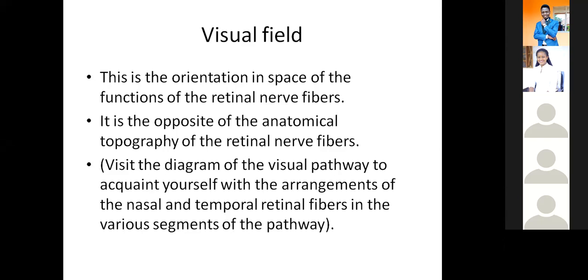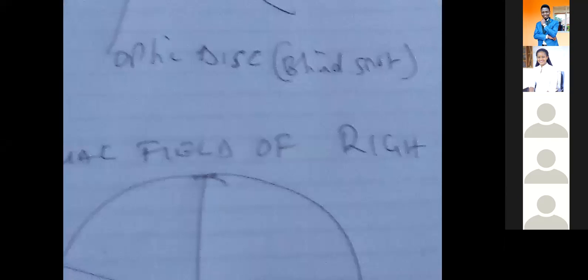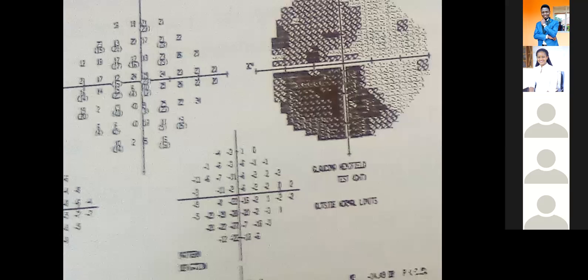We shall look at the diagram. It is so big that I can't bring it down. So you look at them. These are examples of visual fields. As you can see, the visual field has got key landmarks.